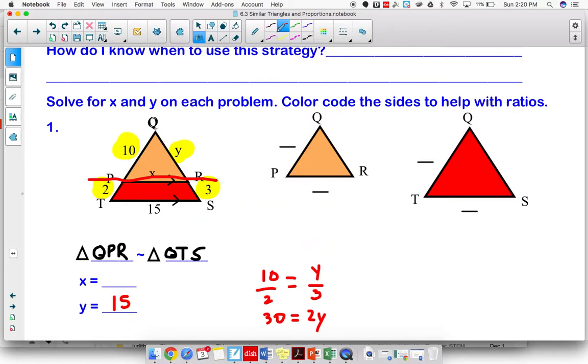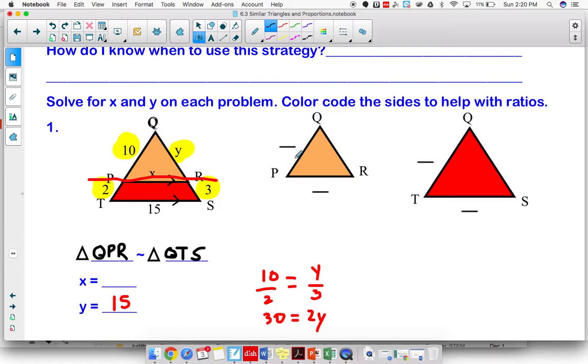Okay, that's kind of the easy one that we did on the front. Now, the other one, once we get it set up, is just as easy. We just have to make sure we're careful when we set the parts up. So once we redraw our triangles here, what I want you to notice is that the lengths of the triangles are really on this original picture. We just have to pick them off.